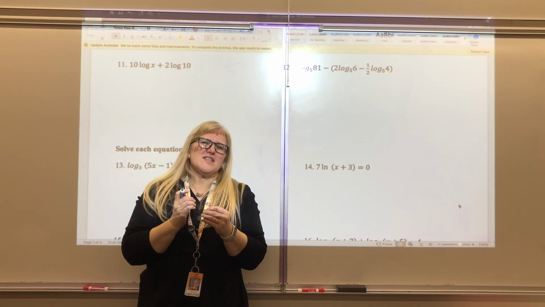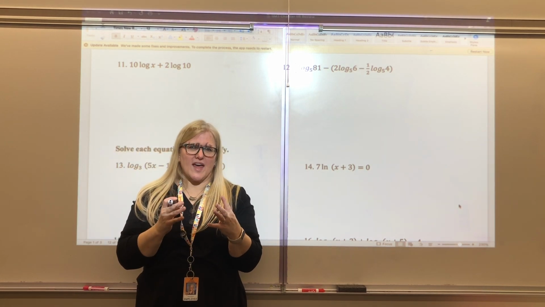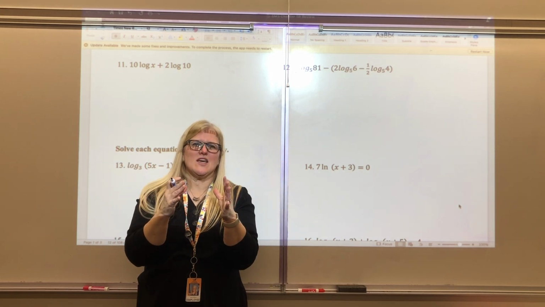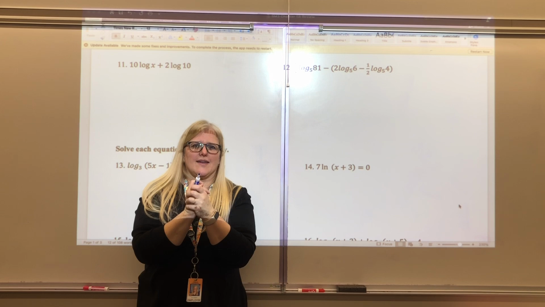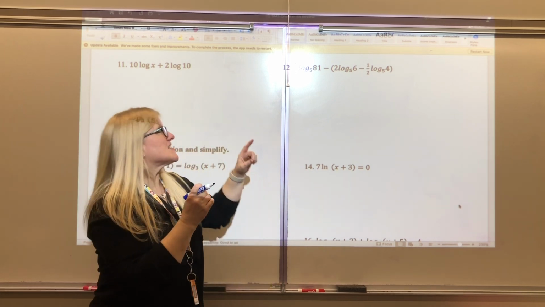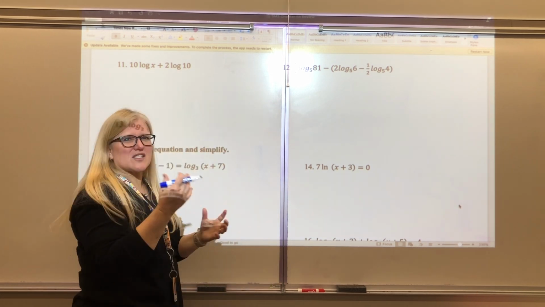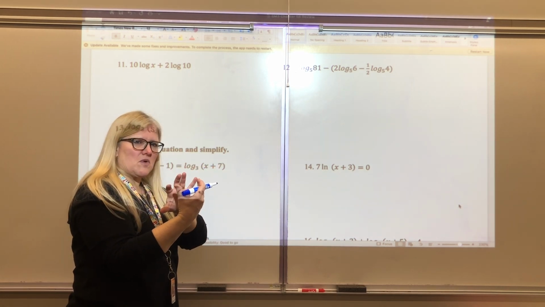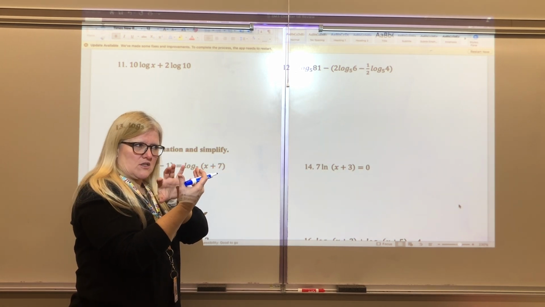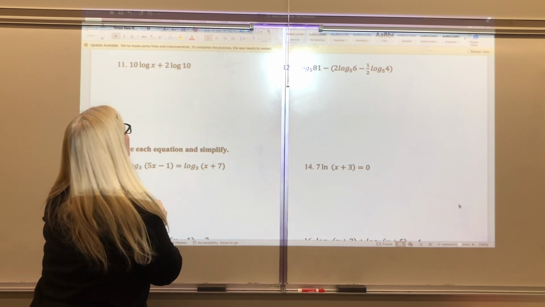Well, the reason that we don't do that now is because when we're condensing, we're trying to get it down to as few terms as we can. And if I leave this as a 2, it'll be a plus 2, and I'll still have 2 terms. So we're trying to condense down as much as we can into as few terms as possible.